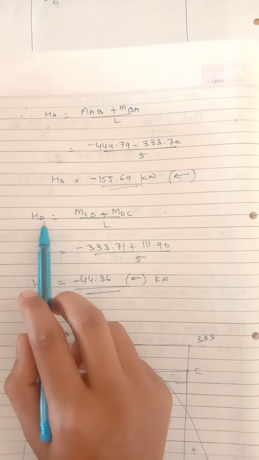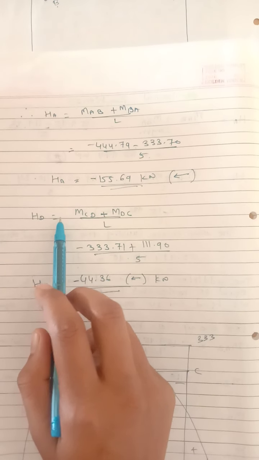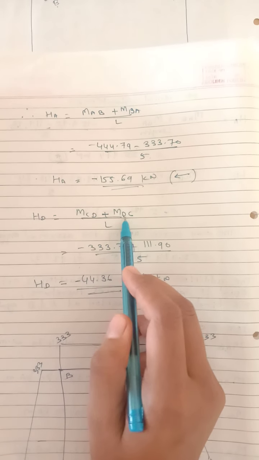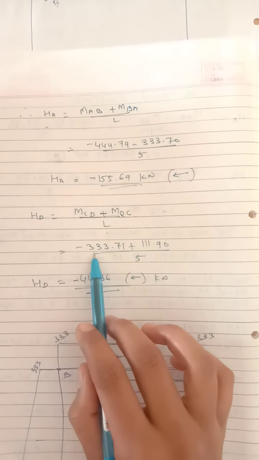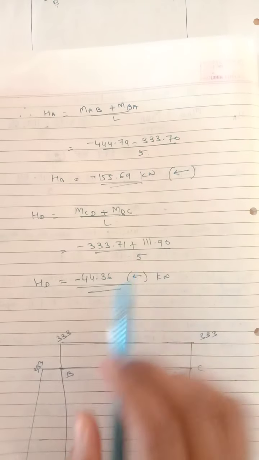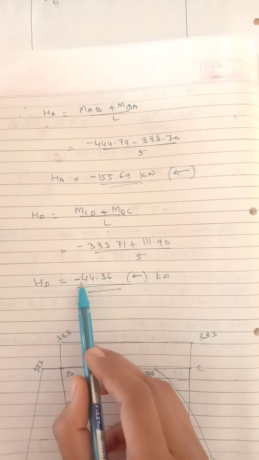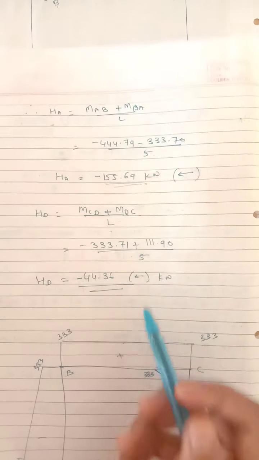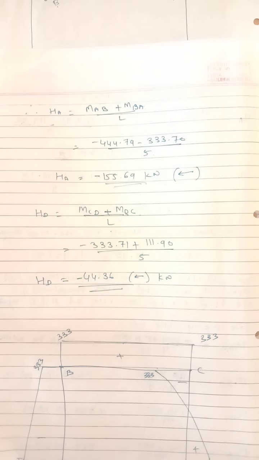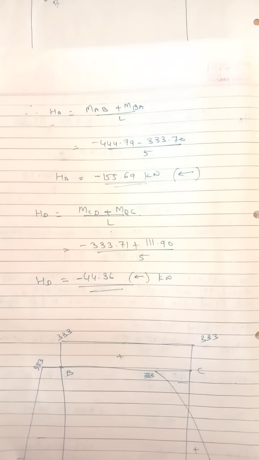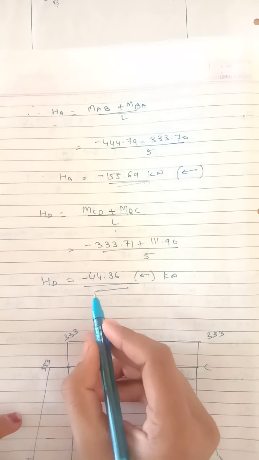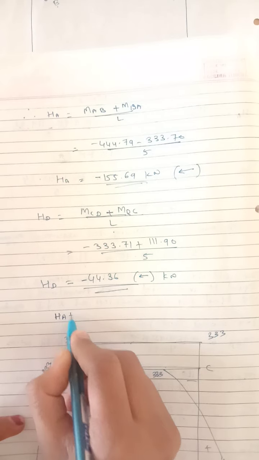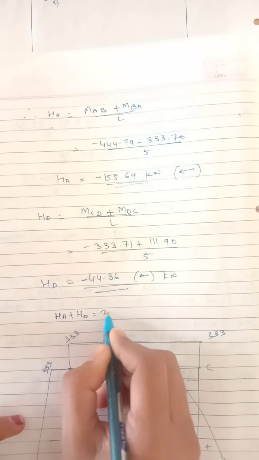Similarly for point D, the formula is moment at member CD plus moment at member DC divided by length. Putting these values in the formula, we get the answer minus 44.36 kilonewton. Then next, adding these two values, HA plus HD is equal to 200.